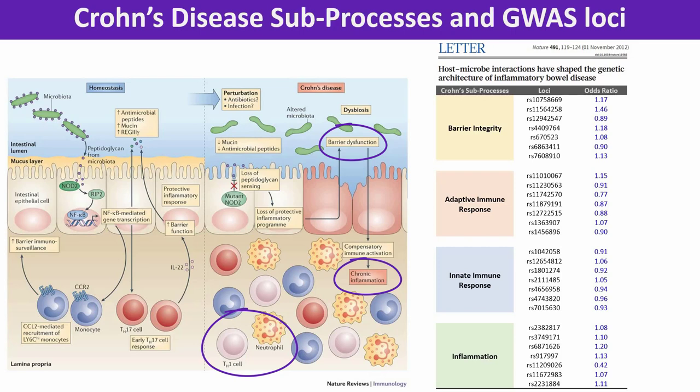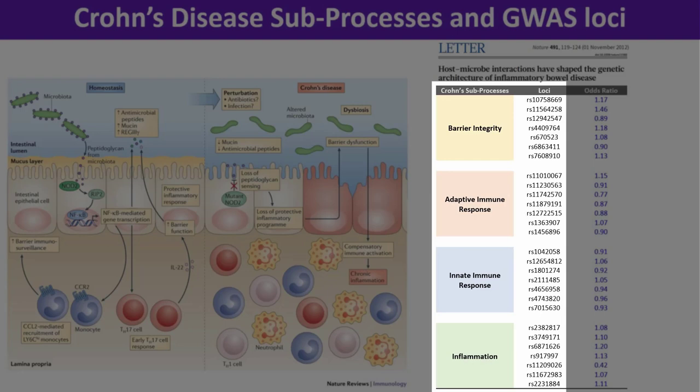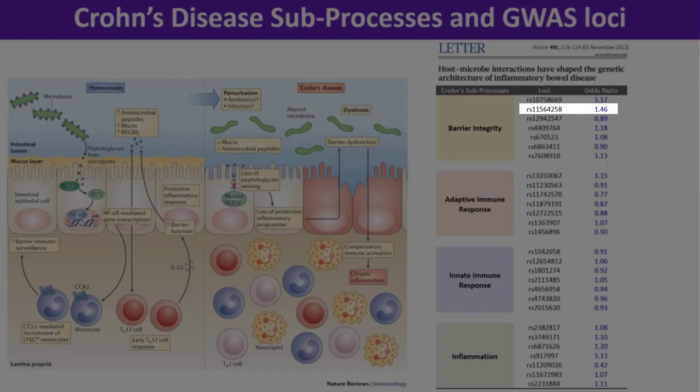Using GWAS, a number of Crohn's disease associated loci have been identified that are mapped to genes involved in these sub-processes. The table on the right displays a subset of the GWAS loci under each sub-process. For each loci, odds ratio is computed based on case control data.